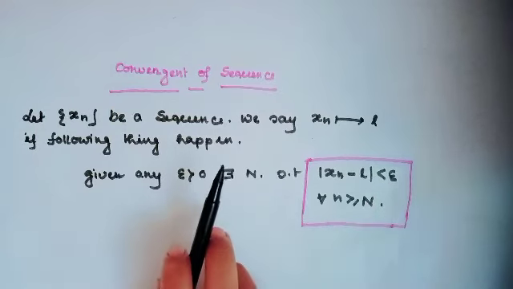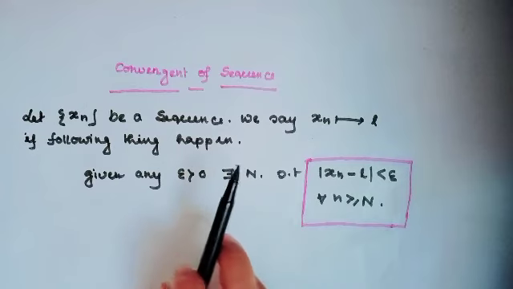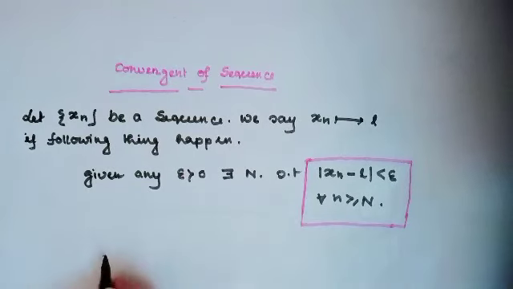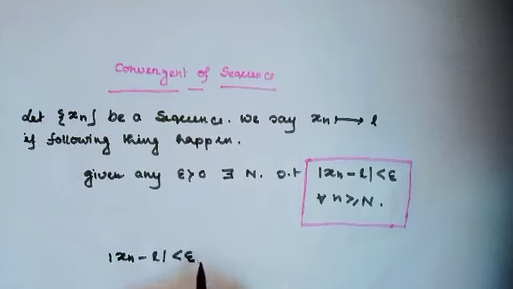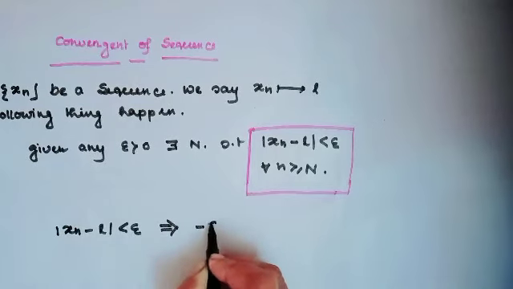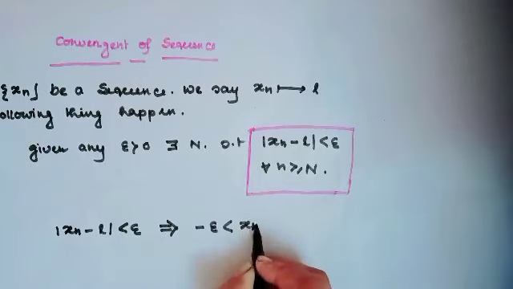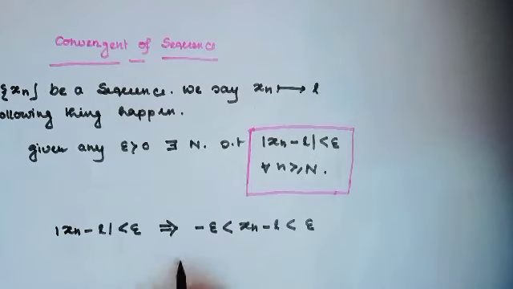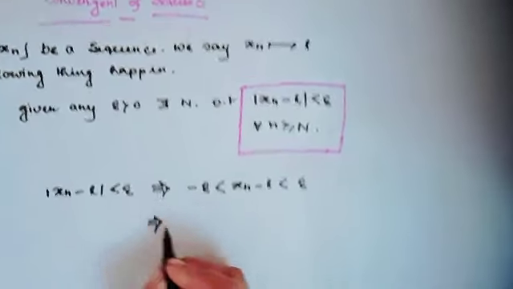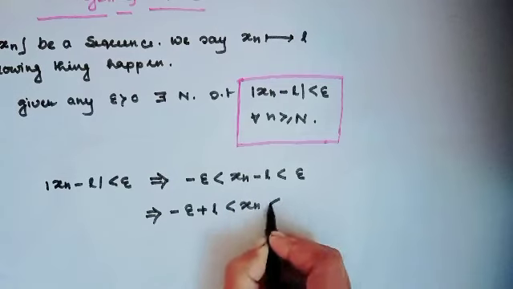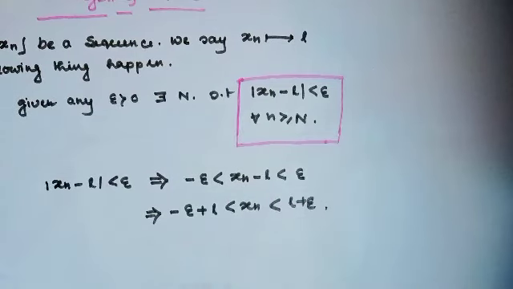Now, at first, we need to understand what exactly this inequality means. It means |xn minus L| is strictly less than epsilon, that implies minus epsilon is strictly less than xn minus L, which is strictly less than epsilon, which also implies minus epsilon plus L is strictly less than xn, which is strictly less than L plus epsilon.